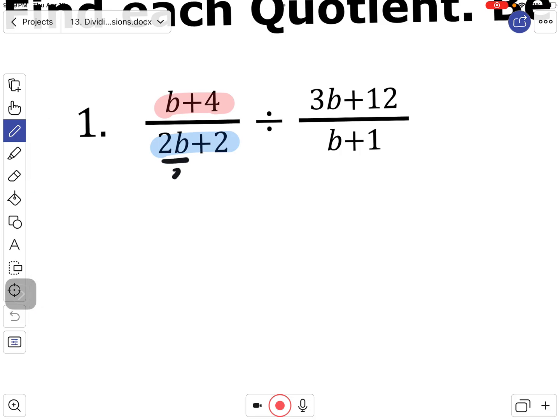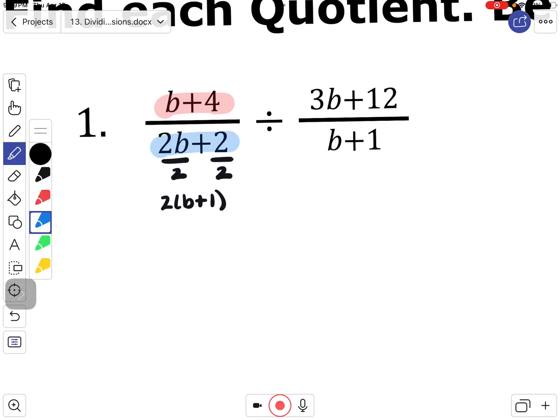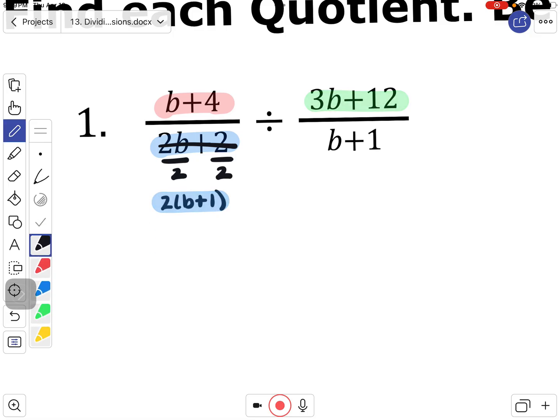I'm going to divide this by 2 and divide this by 2. So that means my 2 is going out front, and I'm left with b plus 1. So now, instead of using this, I'm going to go ahead and use this. Okay, when I look at this one, 3b plus 12, kind of the same thing. You have a greatest common factor of 3.